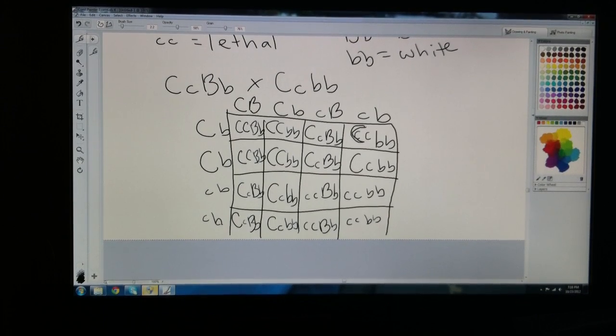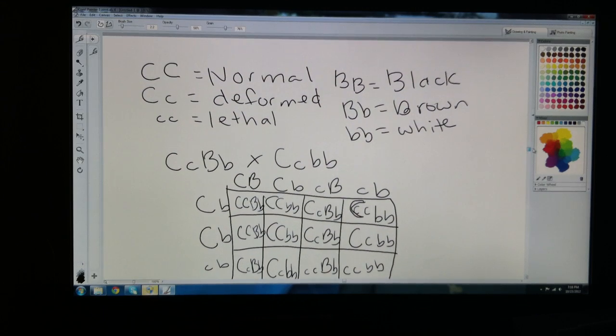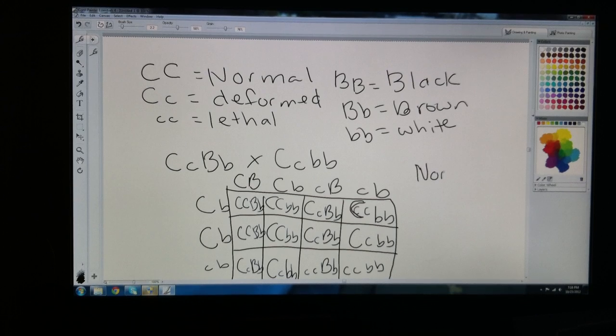Okay, so now we need to find the phenotypic ratio. So one of the key things we should do is write down the possible genotypes that can be found between these parents. So it is possible to have normal legs in the offspring.